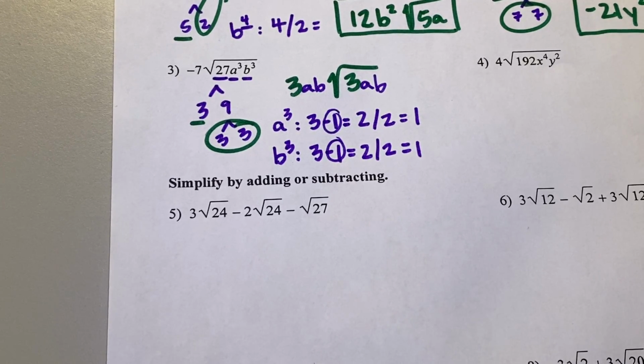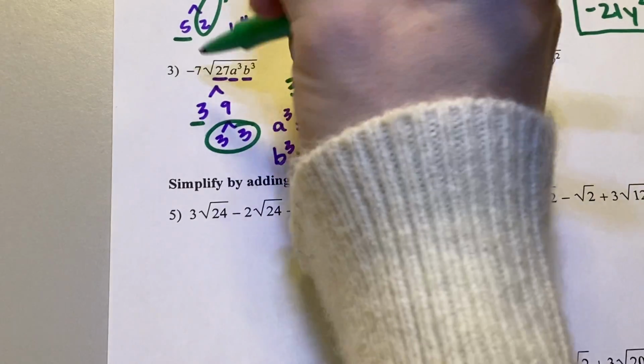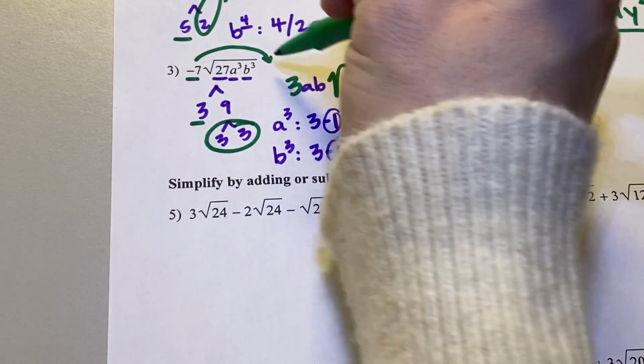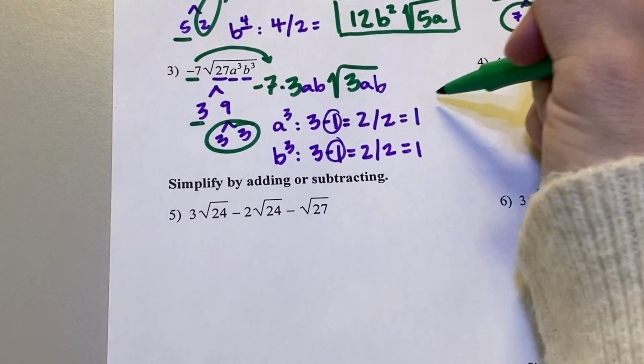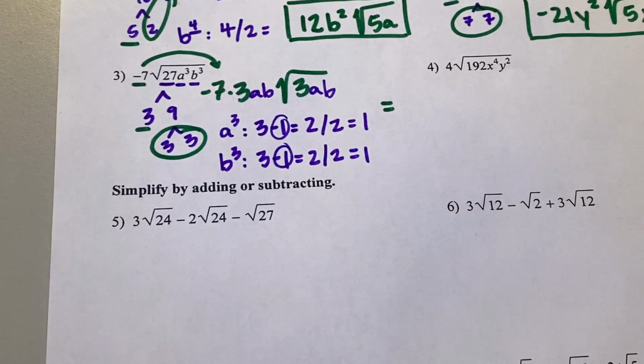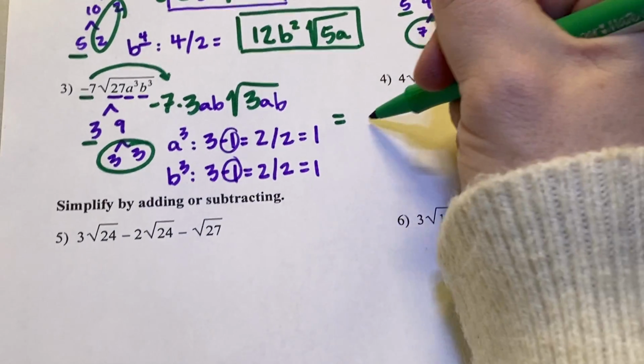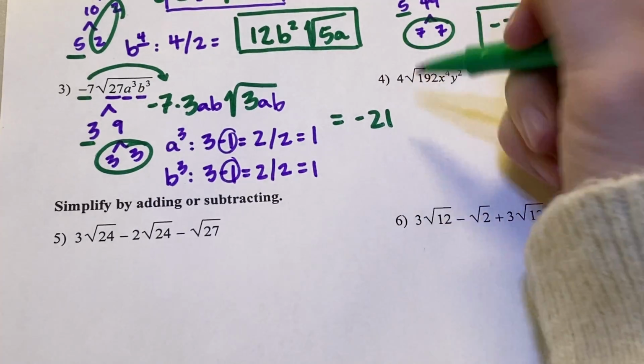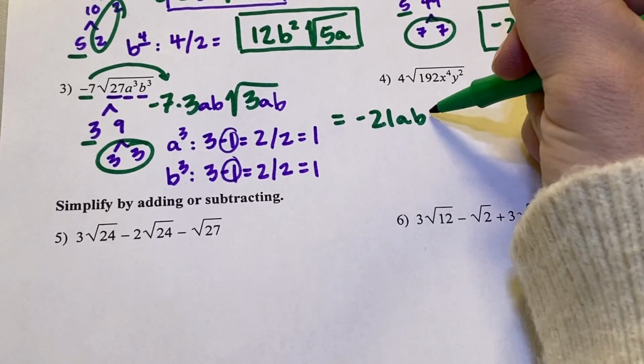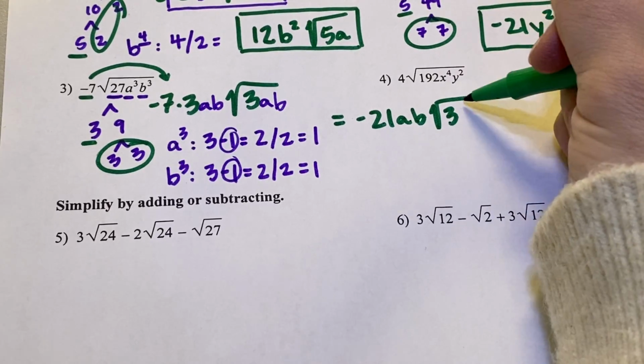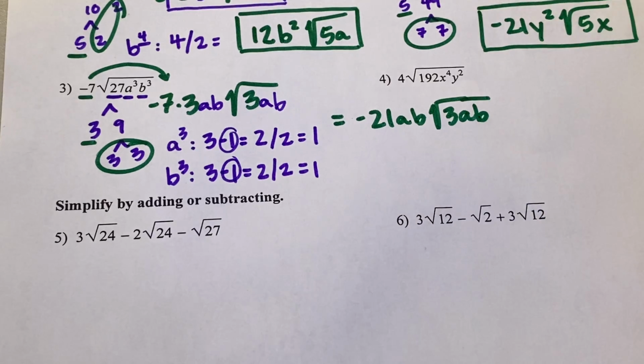What am I forgetting? What's my last step? Times -7. Awesome. So we're going to take that -7 that was waiting out front and multiply it, which will be -21. Beautiful. So outside I have -21 ab root 3 ab.